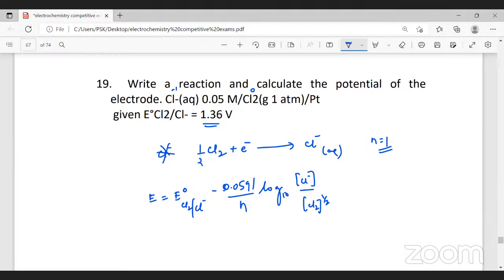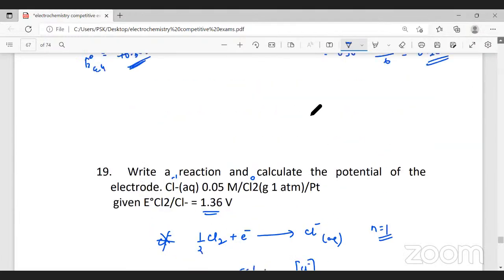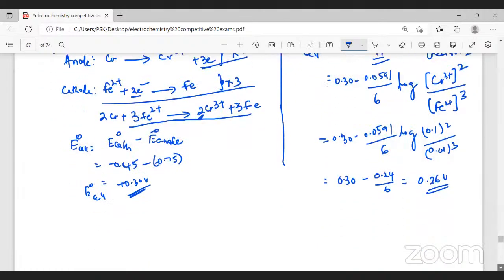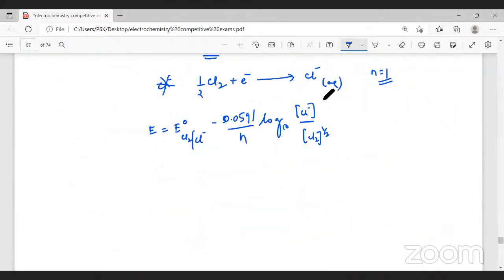If you remember, we learned the reaction quotient as concentration of product by reactant. Product is chloride here, reactant is chlorine. We have only one chloride ion and half a mole of chlorine. So the coefficient is half. Therefore, we have to raise it to the power half.